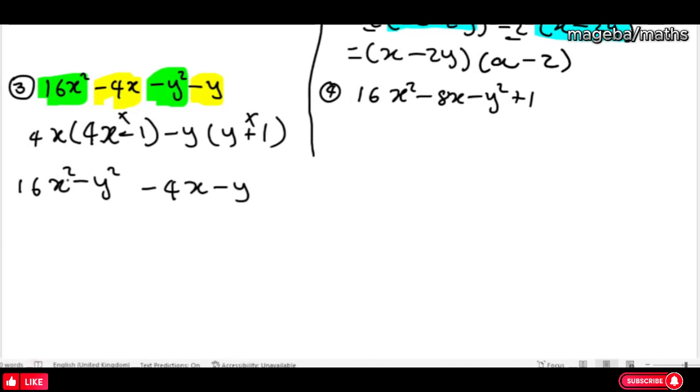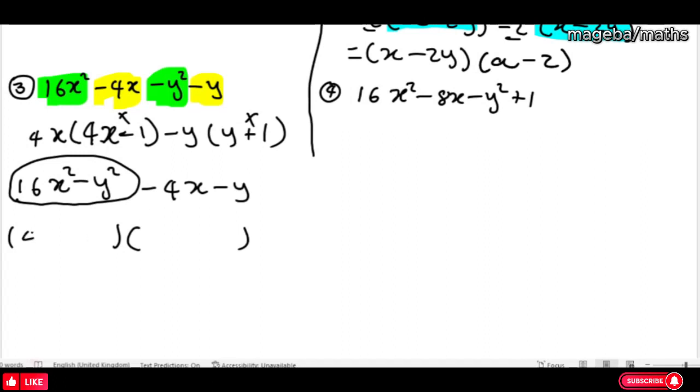Now let me factorize this. Factorizing this, you can see this is the difference of two squares. Difference of two squares, I must have two brackets. Now, what is the square root of 16? It's 4.